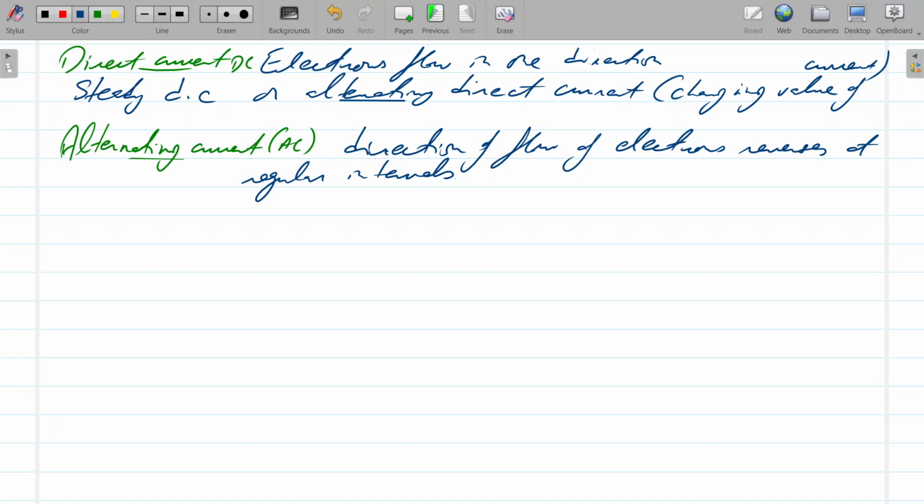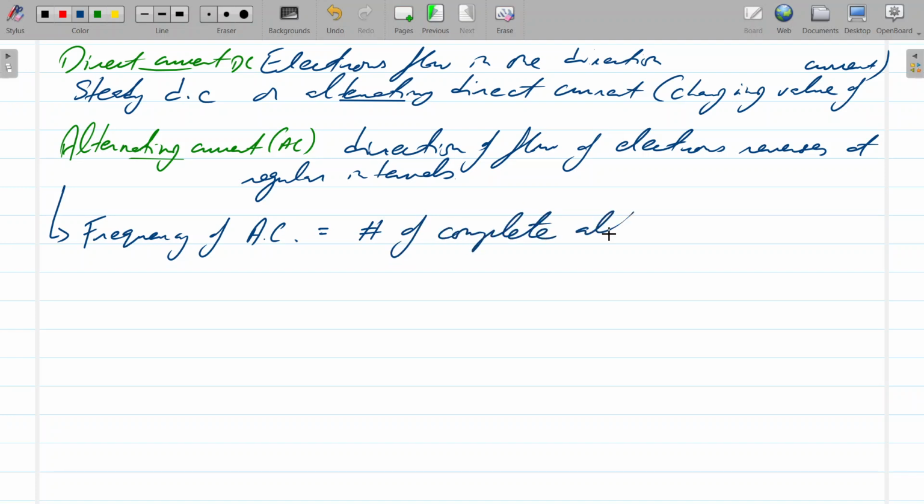Because this is happening, I'll show you the graphs for it. What happens is you have something called the frequency of AC, or alternating current, right? And that means the number of complete alternations. Alternations comes from the word alternating, because it's changing direction.